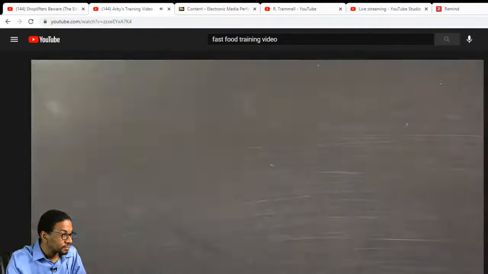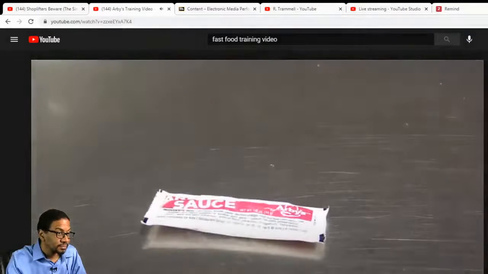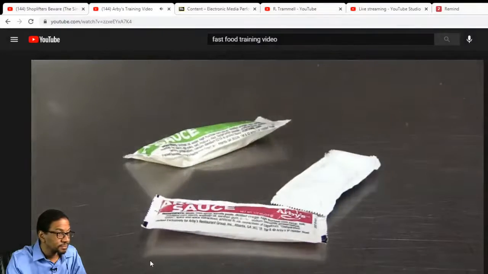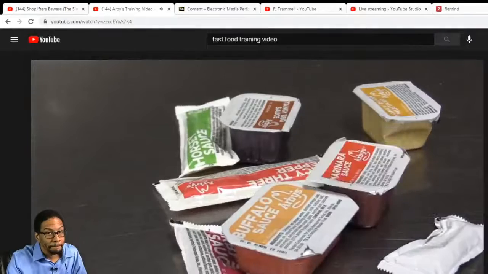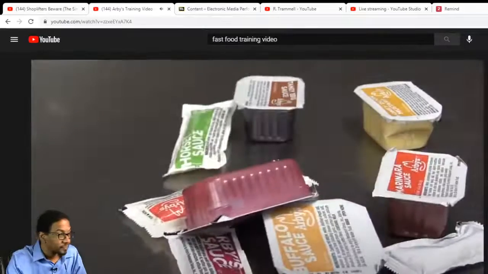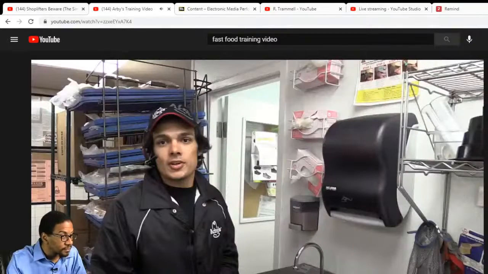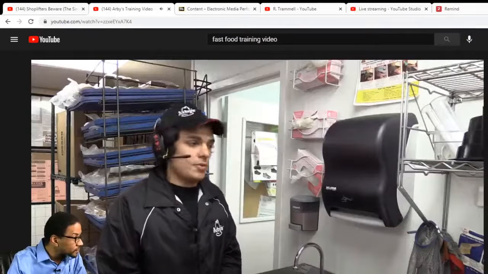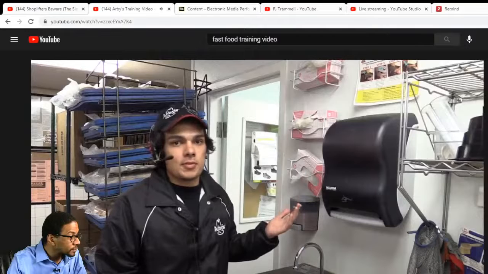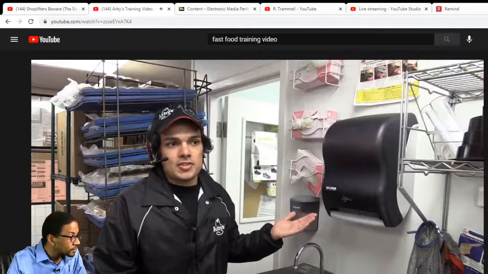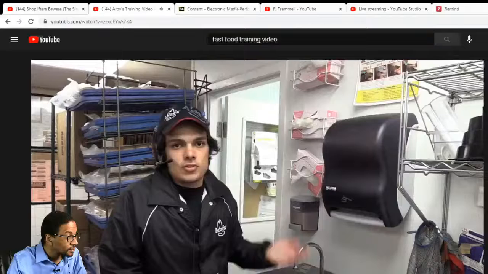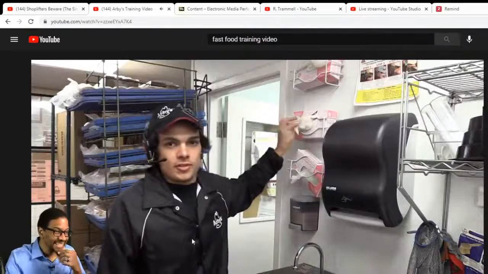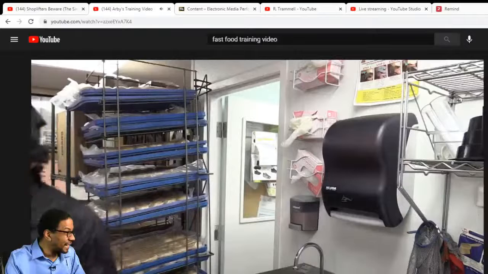We also have different sauces here at Arby's, like Arby's sauce, horsey sauce, ketchup, tangy barbecue, honey mustard, spicy 3-pepper, buffalo sauce, marinara sauce, bronco berry sauce. Now right here we have our hand washing station. Now, we also have gloves here too, so you don't really need to wash your hands if you have gloves. You're gonna make a sandwich, you're not touching it with your bare hands, so just wear your gloves and you'll be fine. Nobody really cares anyways, nobody really checks, so just do whatever you want.